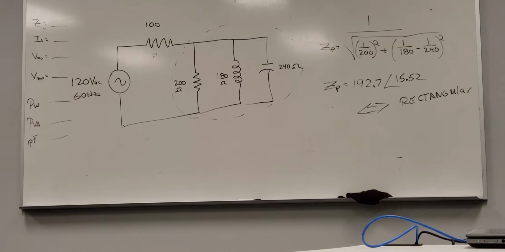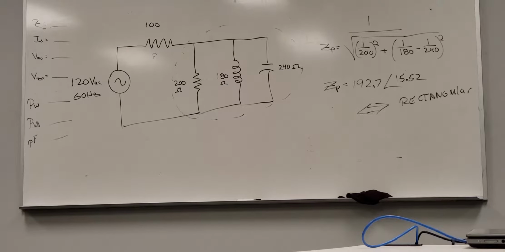I use the angle function. So I hit second function, PRB, that gives me the DMS, R to P, and I tab over and get the R to P.